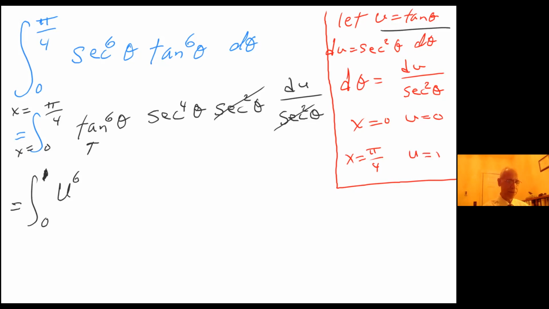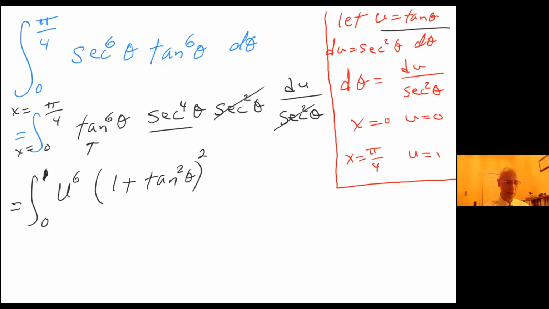But secant to the 4th, I need in terms of tangent. I know 1 plus tangent squared is secant squared. So I'm going to write this as 1 plus tangent squared of theta, quantity squared.